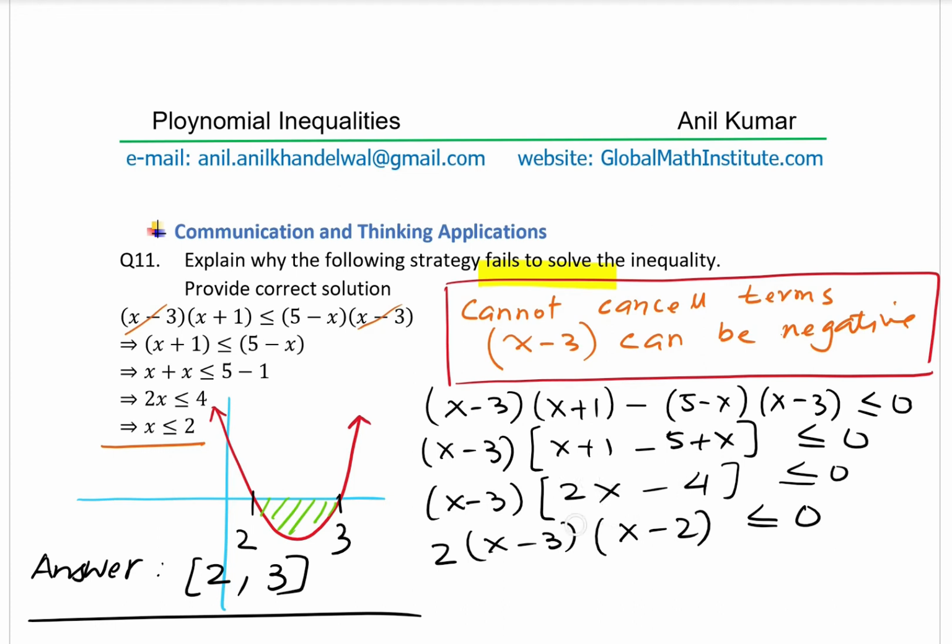When we combined them, we get 2x minus 4, with 2 as a common factor, and that is the term which we got. You could do it with interval sections also, or you could do as we did. So you have a parabola which is turning upward, and you do get a result which is very different from what was mentioned earlier.